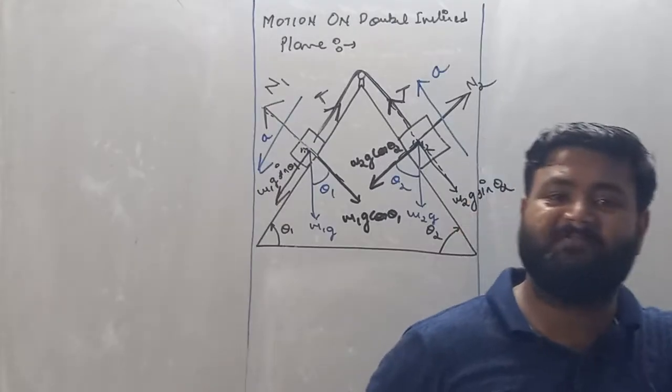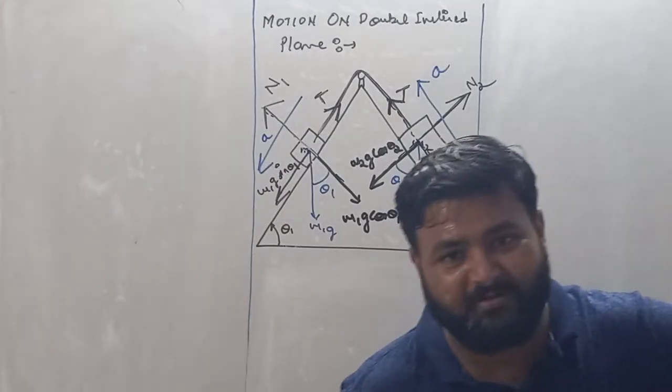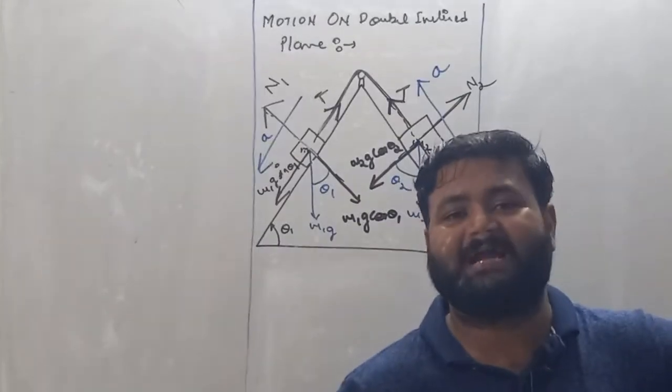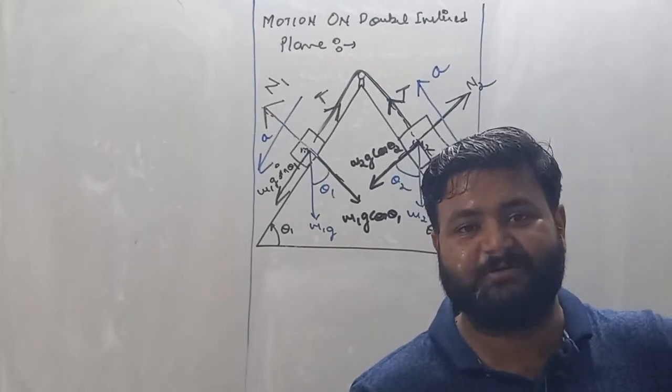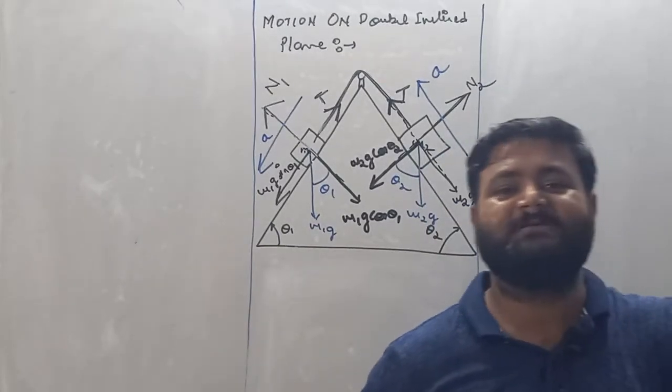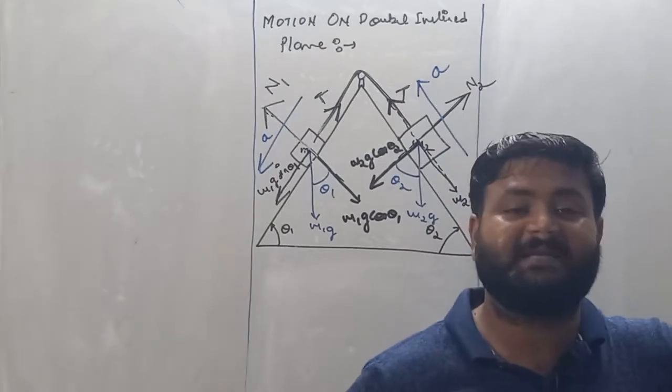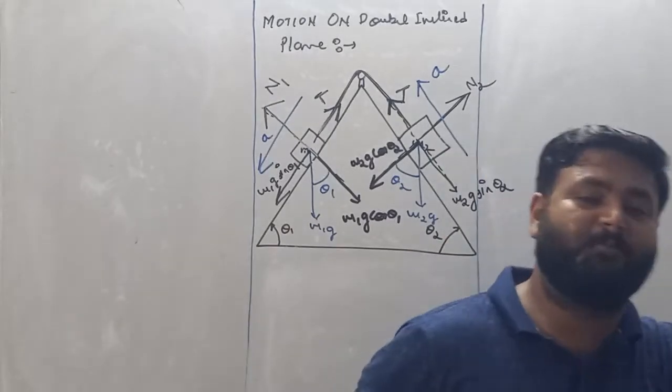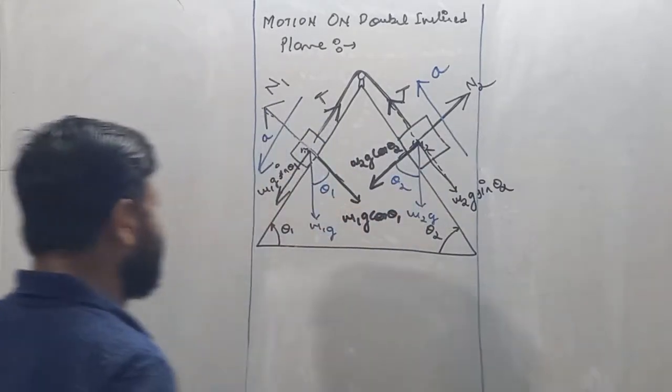And what is the meaning of equilibrium of forces? Equilibrium of forces means the net force acting on the body is equal to 0. Net force acting on the body being 0 means forces are equal in magnitude and opposite in direction.